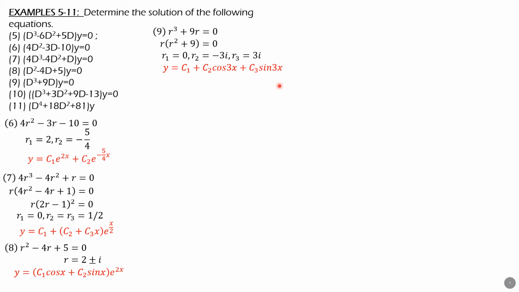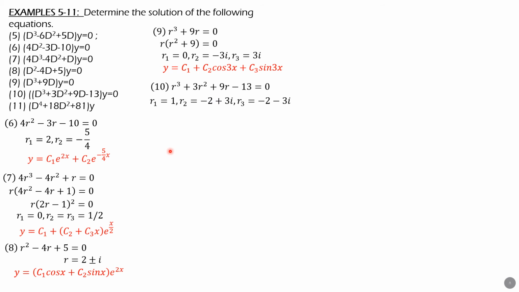Okay. Number 10, r cubed plus 3r squared plus 9r minus 13 equals 0. So using your calculator there, we expect 3 roots, and the roots are real root r1 is 1, r sub 2 is negative 2 plus 3i, r sub 3 is negative 2 minus 3i.